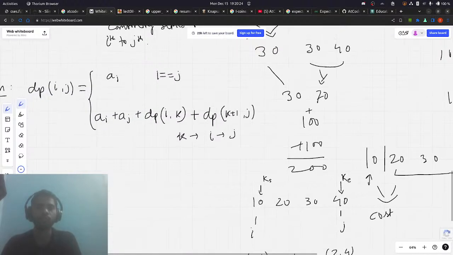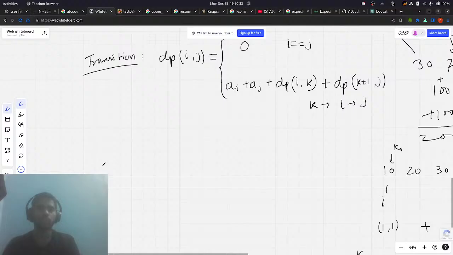Okay, and this is not correct, this is the correct version. So this is the transition, and our answer will obviously be in dp 1 to n.